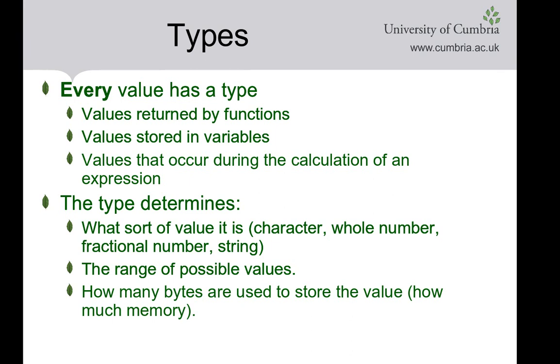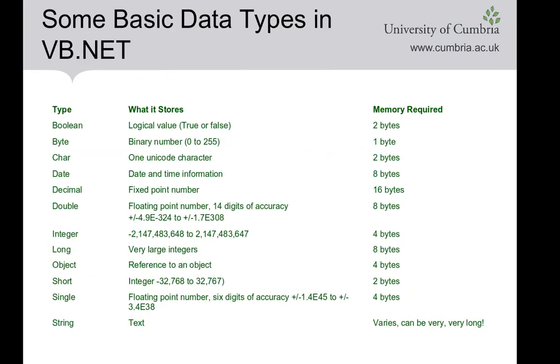This type of data, along with the range, influences how many bytes of computer memory are used to store the value. We'll deal with bytes and bits in a separate session, which is one of the supporting sessions of this material. So if you don't understand bits and bytes, then you need to dig out that session, and you'll understand more about these values and how they are stored in computer memory.